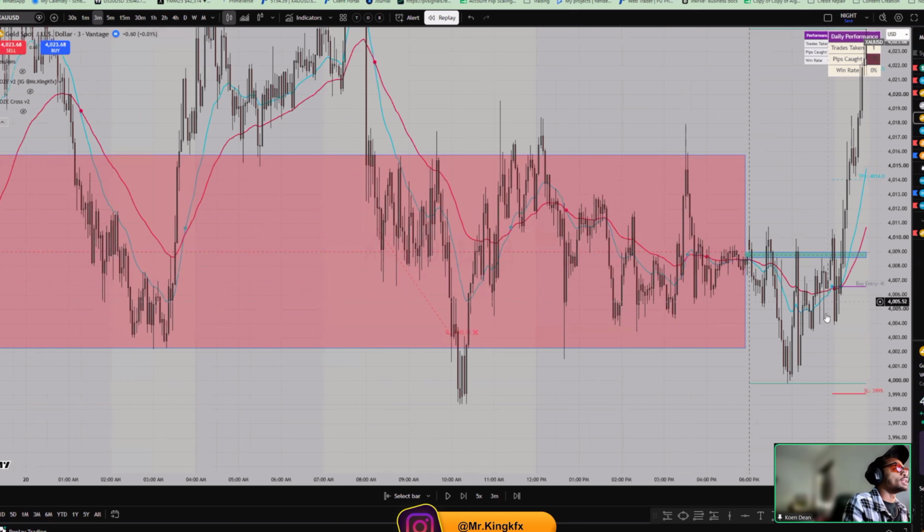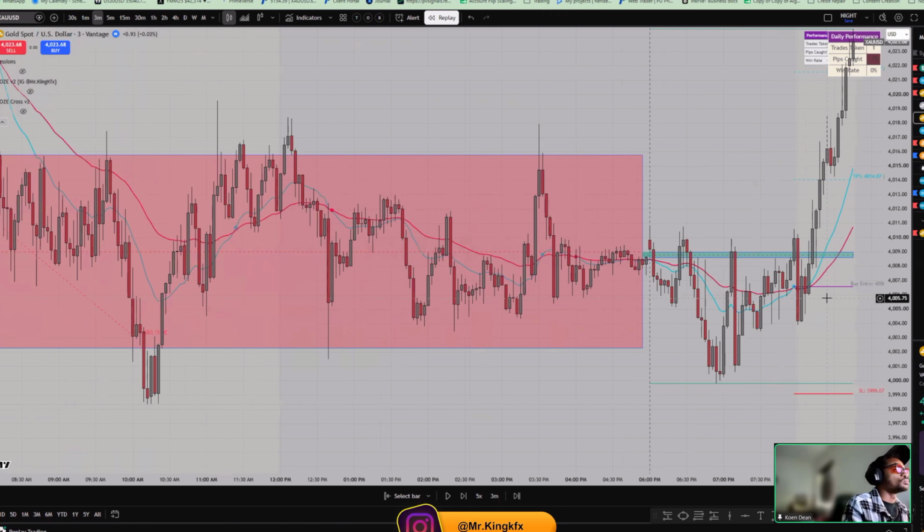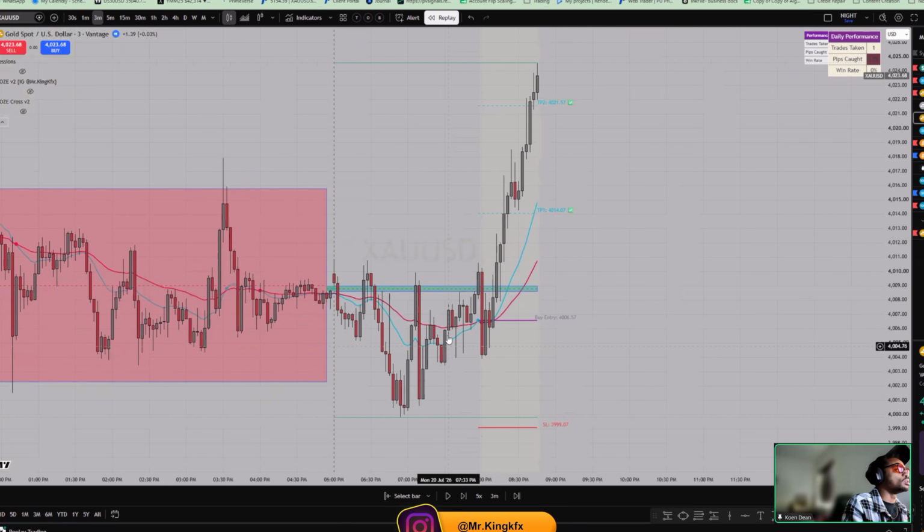It was still a valid setup in a sense, because we had just swept this sell side liquidity. We had a little bit of sell side liquidity right here that got swept, and then we continued pricing higher, giving us some indications that we wanted to break the resistance.